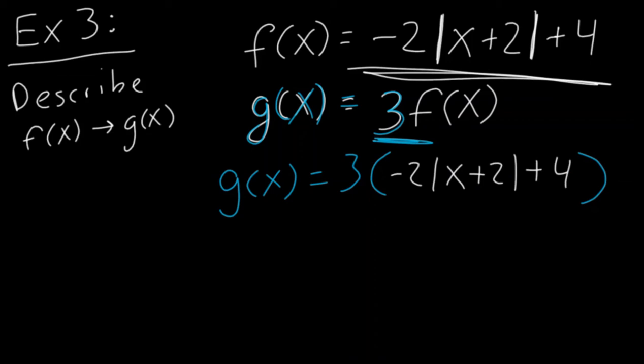Now switching back to this blue, when we distribute, I find that this is where a lot of students have difficulty. So we can write this as g of x is equal to 3 times negative 2, the leading coefficient, which would then become negative 6, absolute value, x, and then you have a big question here. Should this 3 be distributed with the plus 2?